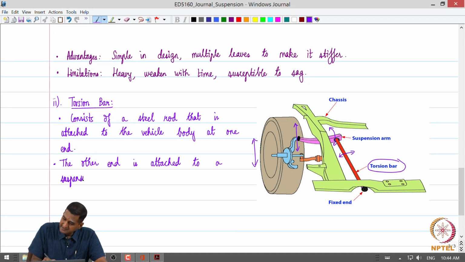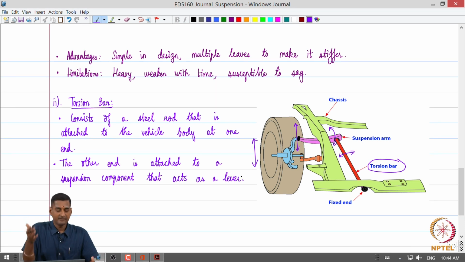Okay. Typically something like what is called a control arm, and that acts as a lever, right. So, as the wheel travels up and down and undergoes a vertical motion, the vertical motion is going to be converted to a twist of the torsion bar, right.